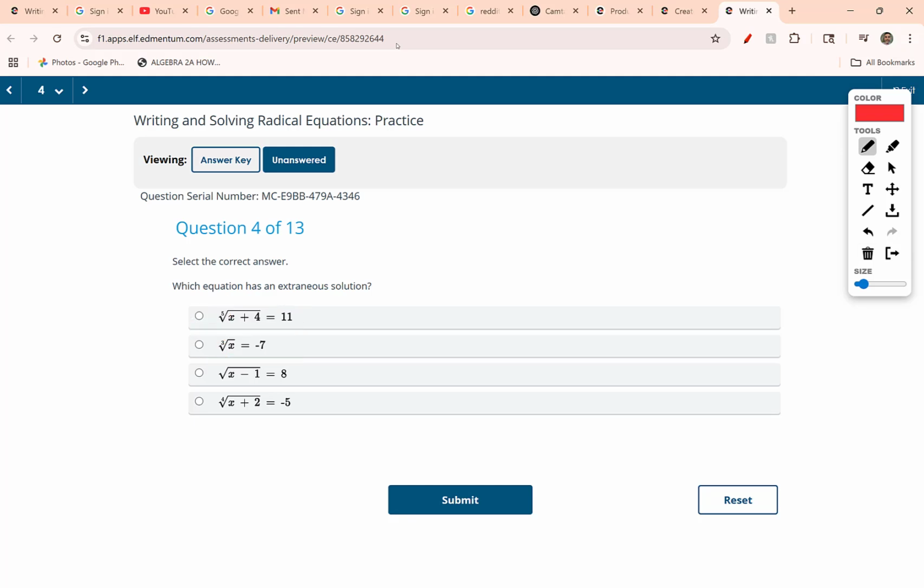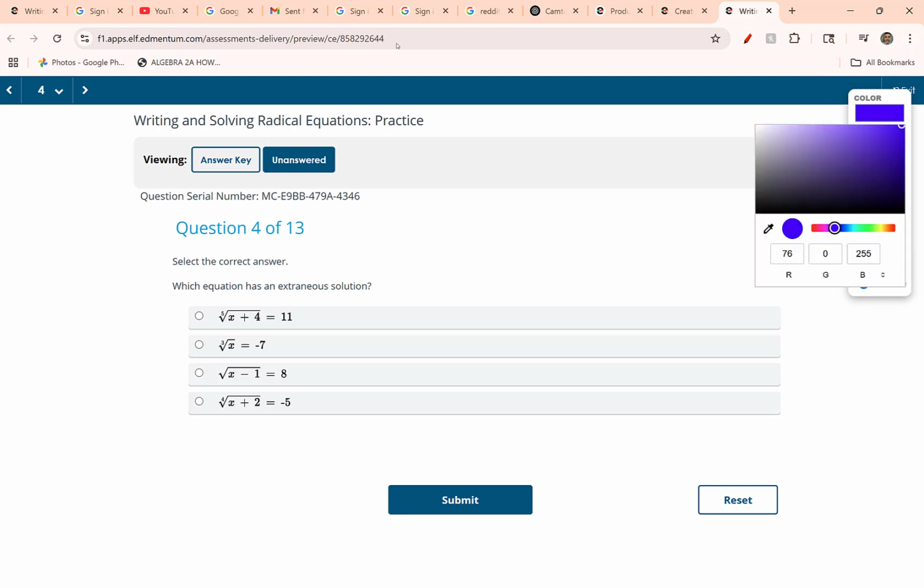Those typically do not have extraneous solutions. Square root problems like this and fourth root problems like this sometimes will, and that's because you can't take the square root of a negative number. You can't take a fourth root of a negative number. However, you can do that with a cube root or a fifth root.